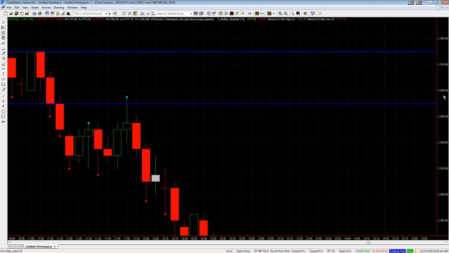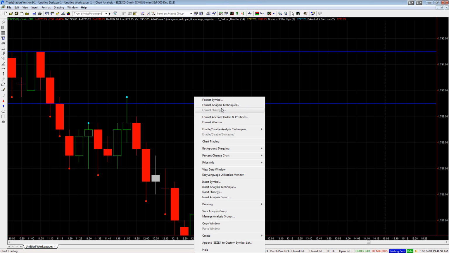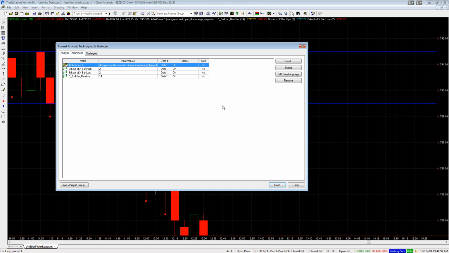I shouldn't say signal. It's just a confirmation of a zone touch is all we're doing on it. Okay, so that's what we're looking at there. So very, very cool stuff. And again, that little indicator, in case you guys were curious about it, was the breakout of X bars high and X bars low.